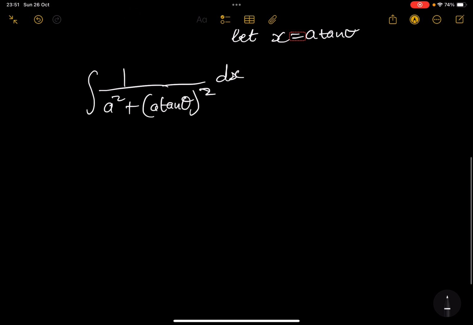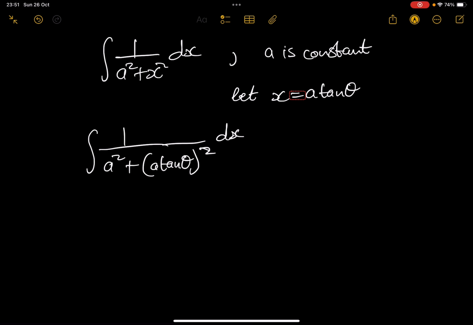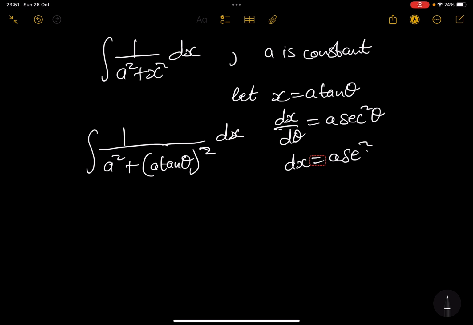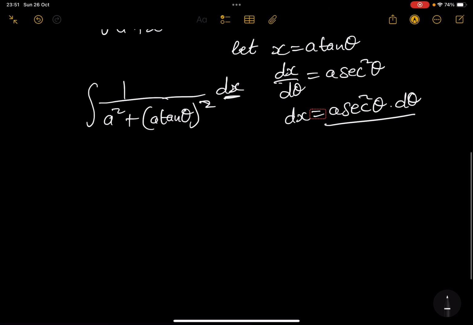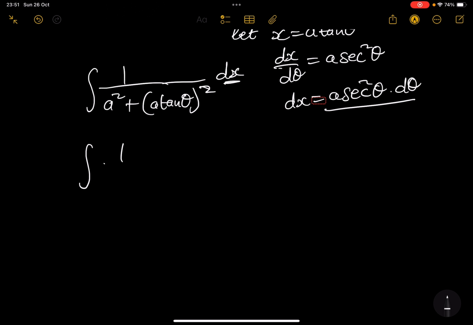And since now your variable is in terms of theta, dx d theta is equal to a sec squared theta, which means dx is the same thing as a sec squared theta d theta. Where there's dx here, you substitute this. So your integral of 1 over a squared plus (a tan theta) squared times dx is a sec squared theta d theta.